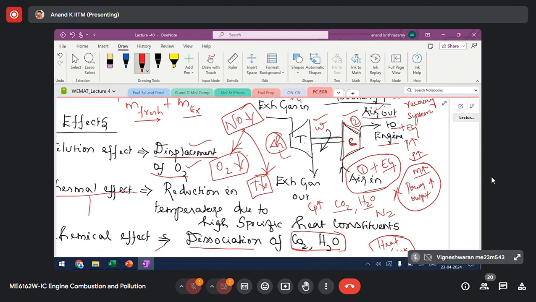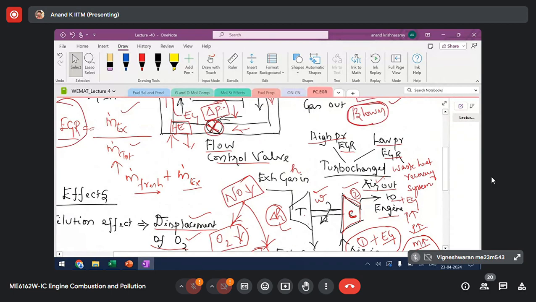Oxygen is less, temperature is less, that will directly reflect in a drop in NO. Okay, so NO levels will be considerably reduced. That's why people use EGR, or exhaust gas recirculation. But what will happen to HC or CO? HC will increase, CO will increase. Both will increase.